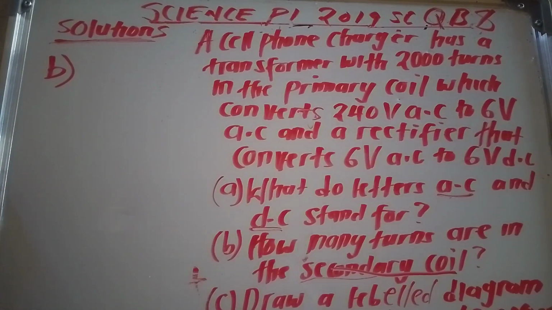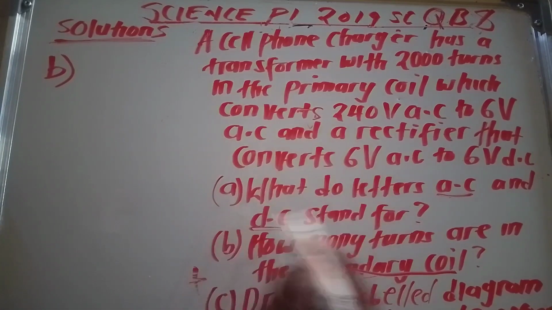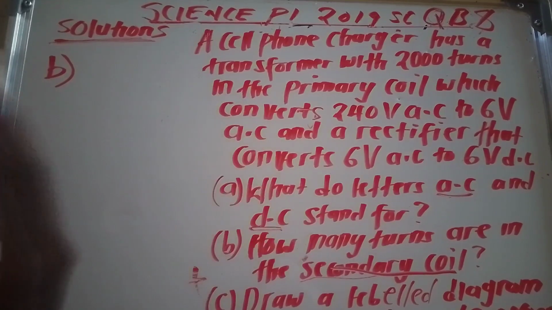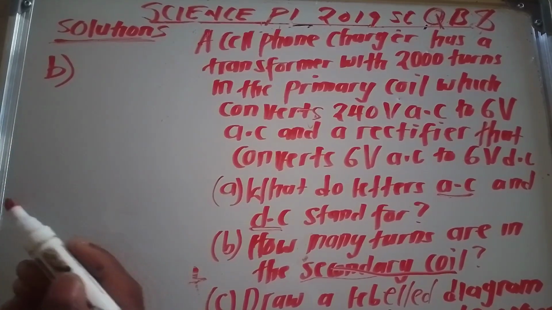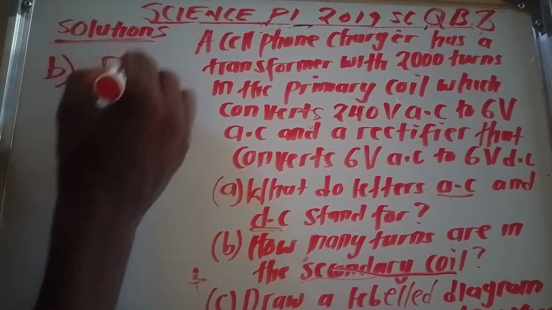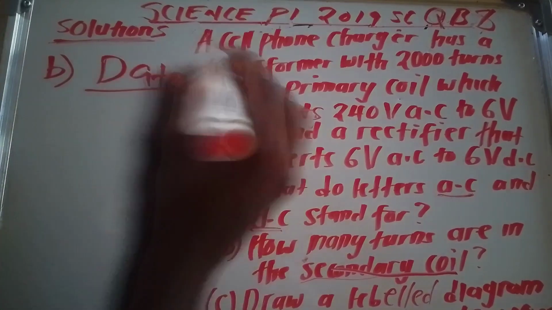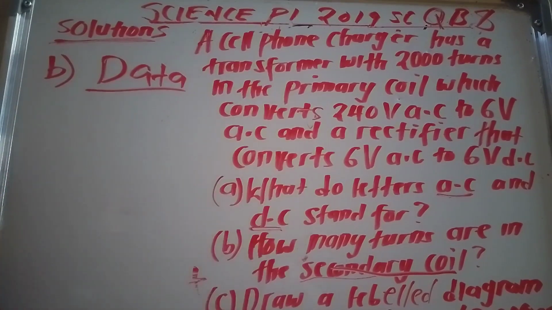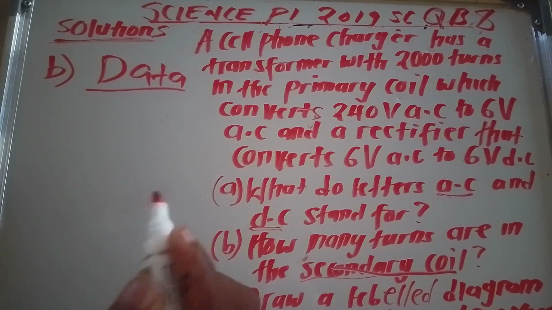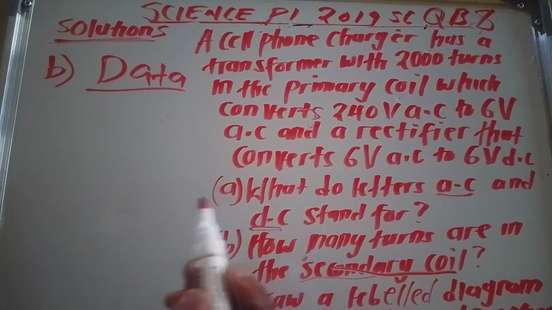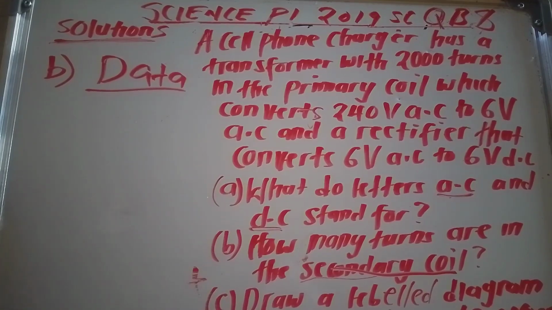What is important in physics, whenever you are given data like this, is to collect the data so that it will be very easy for you to come up with a formula. So the first thing you are going to do is collect our data. I've been told that this transformer has 200 turns in the primary coil.